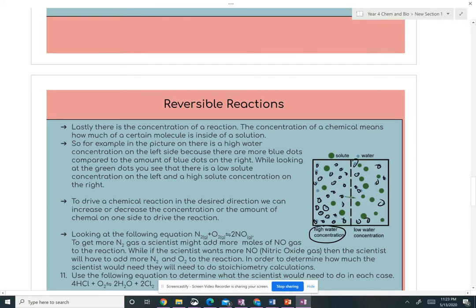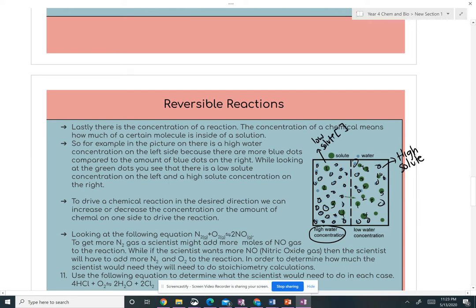Same thing with solute, right? If you look at the solute, I have 1, 2, 3, 4 on this side, and I have 1, 2, 3, 4, 5, 6, 7, 8, 9, 10 on that side. So on this side, I have a high solute concentration, and I have a low solute concentration.